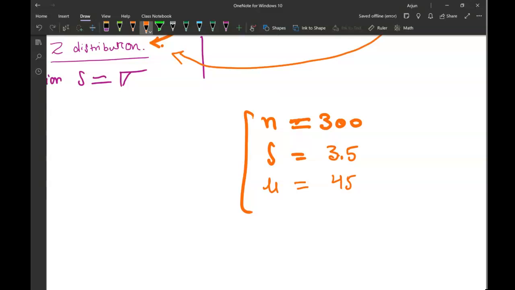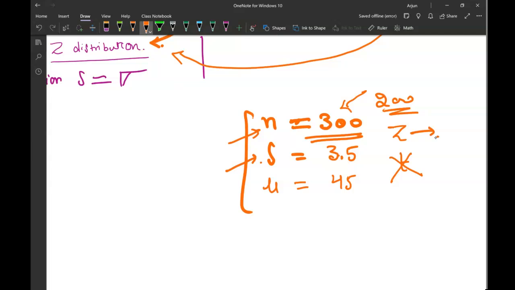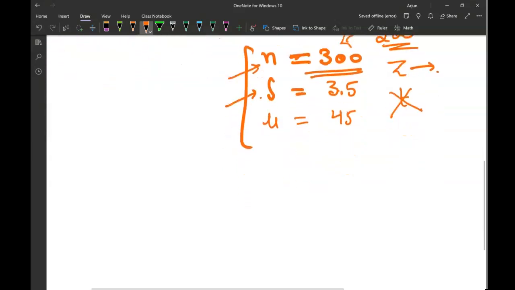In this kind of question, where sample size is given to you and also the standard deviation is given to you, I can be inclined to use the T distribution, but rather than using the T distribution, I'm going to use the Z distribution because the sample size is greater than 300, meaning greater than 200, shall I say. As soon as you see a sample size greater than 200, you should flat out move towards the Z distribution.